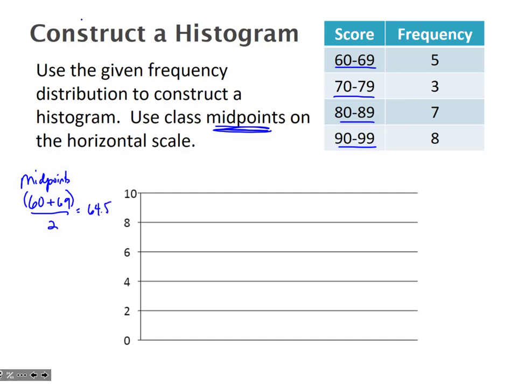And we can do that for all 4 classes, or we can go back to the data and see that if the first class starts with 60 and the second class starts with 70, if we subtract those, 70 minus 60 gives us 10, which you'll remember is called the width. And so if we come back to the 64.5 that we found and add 10 to get 74.5, and add 10 to get 84.5, and add 10 to get 94.5, we now have the 4 midpoints.